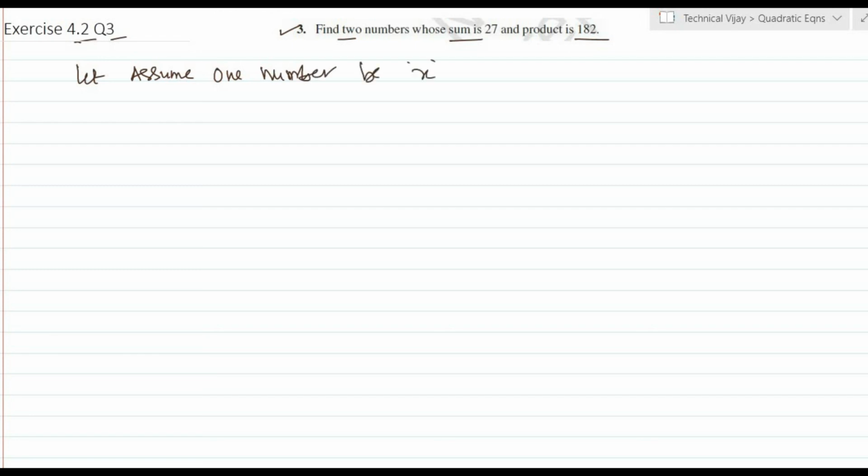The sum of the two numbers is 27, so the other number will definitely be 27 minus x. One number is x and the other is 27 minus x, because x plus the other number is equal to 27.